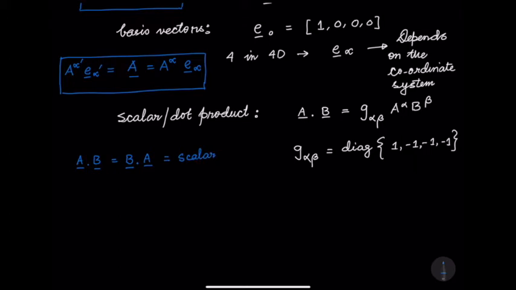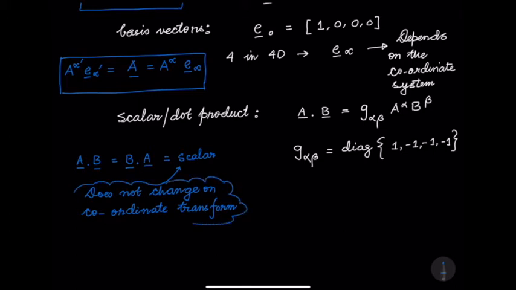When I say scalar, I mean it doesn't change on coordinate transformation. We also talked about what types of coordinate transformation are possible. In these lectures, we are mostly thinking of space-time type of transformation, which are for special relativity, or Lorentz transformations.